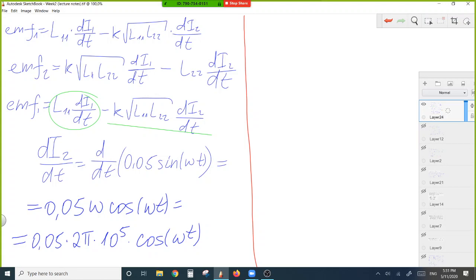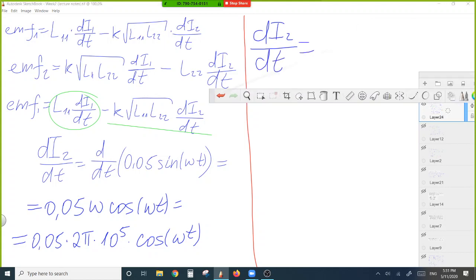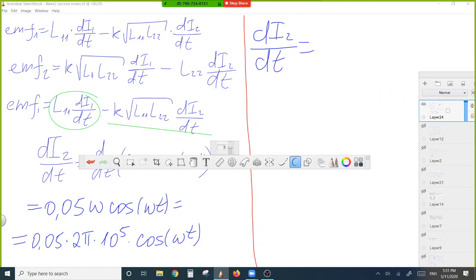Now we get di2 over dt will be equal to 10 to the power 4 multiplied by cosine omega t.